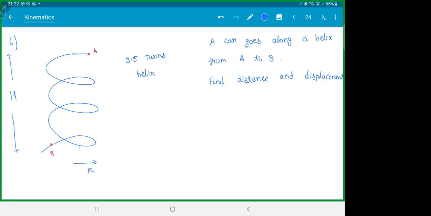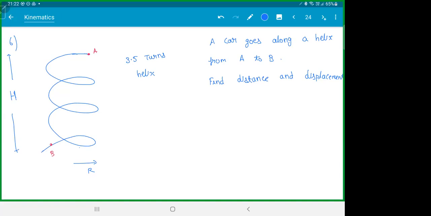Find the distance and the displacement. Displacement is easy. Try. You got 2 minutes, everyone. Pratyush, displacement is right. Lakshika, is what you typed the displacement or distance?